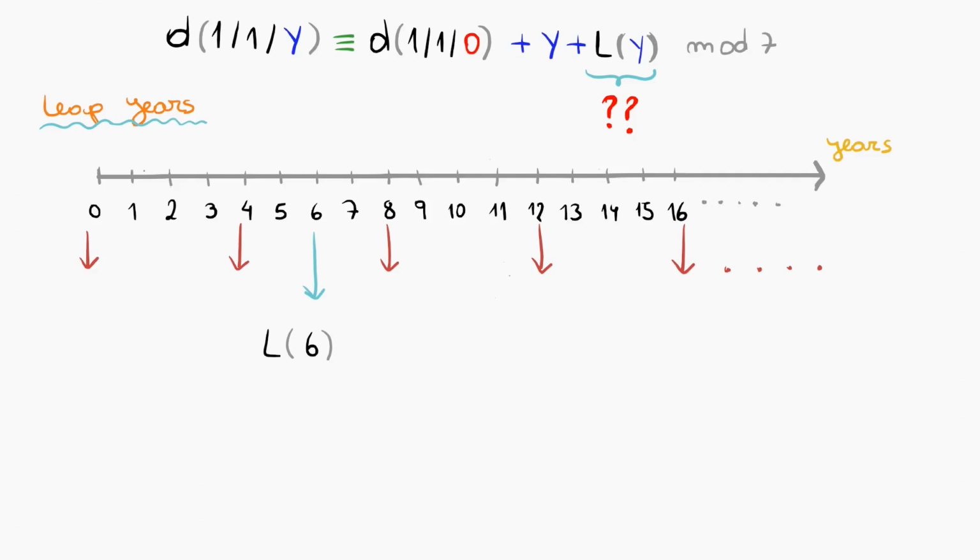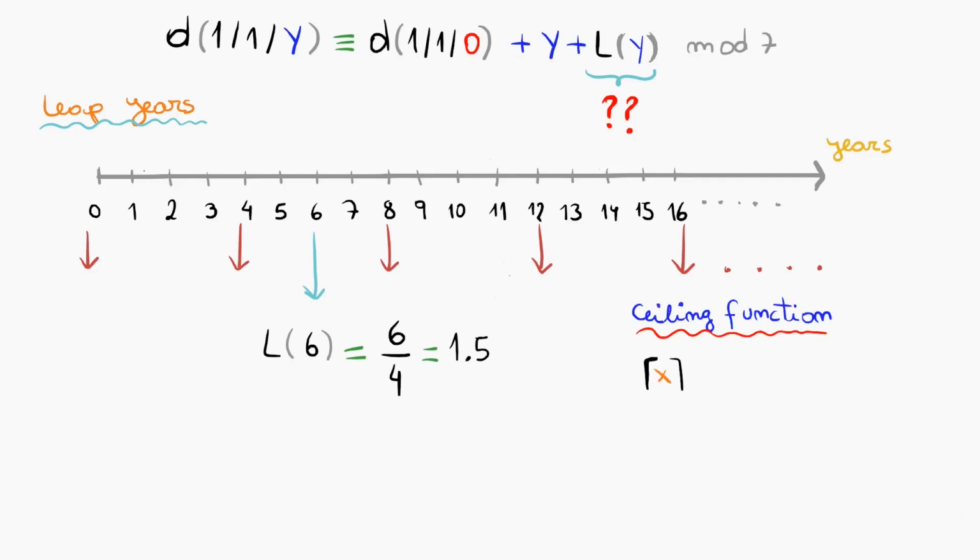Since leap years occur every 4 years, we are tempted to write 6 divided by 4, but this results in 1.5, which is not a whole number. To save the situation, we introduce the ceiling function. The ceiling function of x returns the smallest integer greater than or equal to x. This definition may seem complex, but you will understand how simple it is with examples.